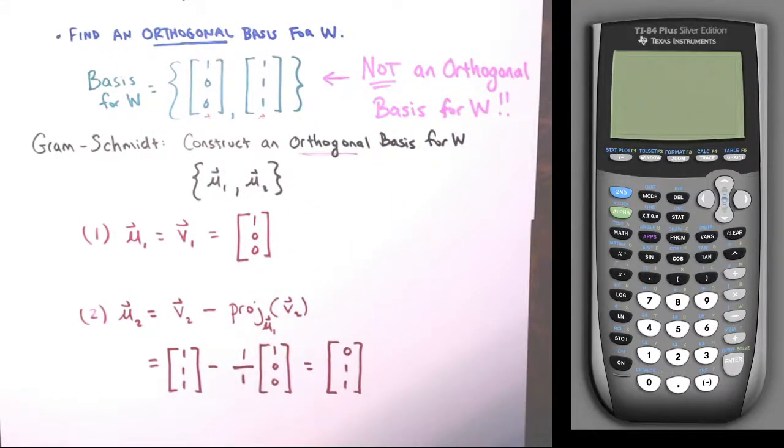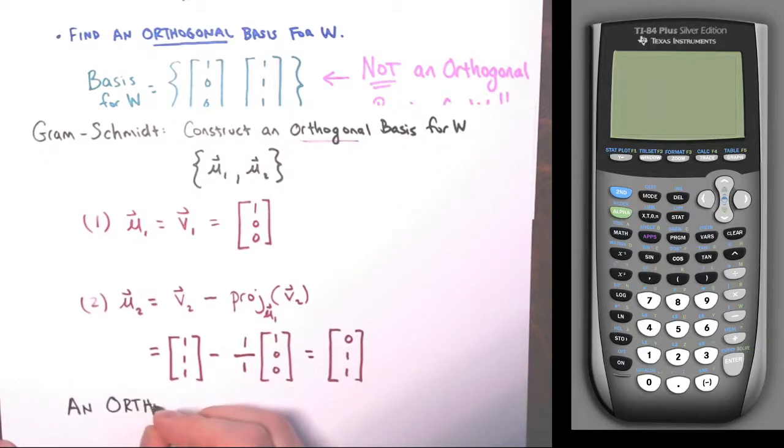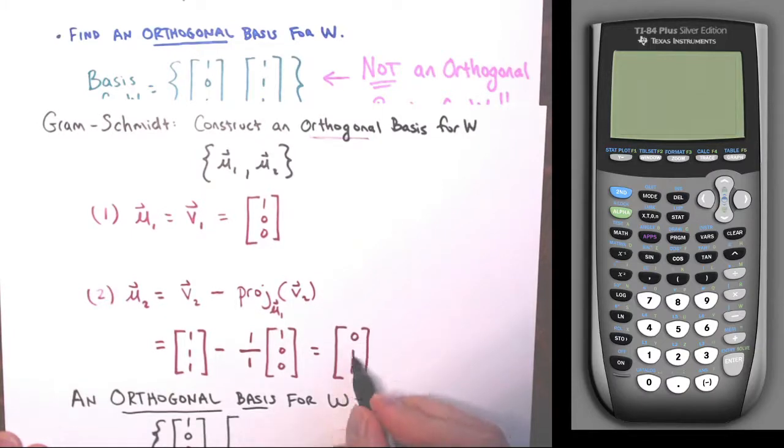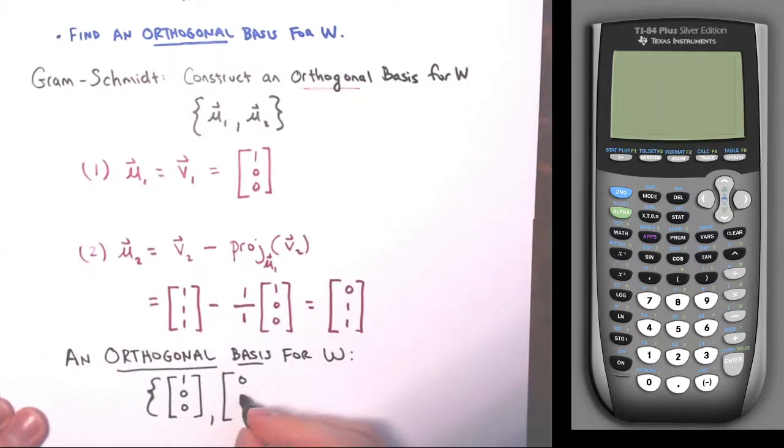So an orthogonal basis for W is the following set: the set with the vectors 1, 0, 0, that was the U1, and the vector 0, 1, 1, that was U2 here, which was V2 minus the projection of V2 onto U1. And you can double check that these are indeed orthogonal now. Their dot product is 0.